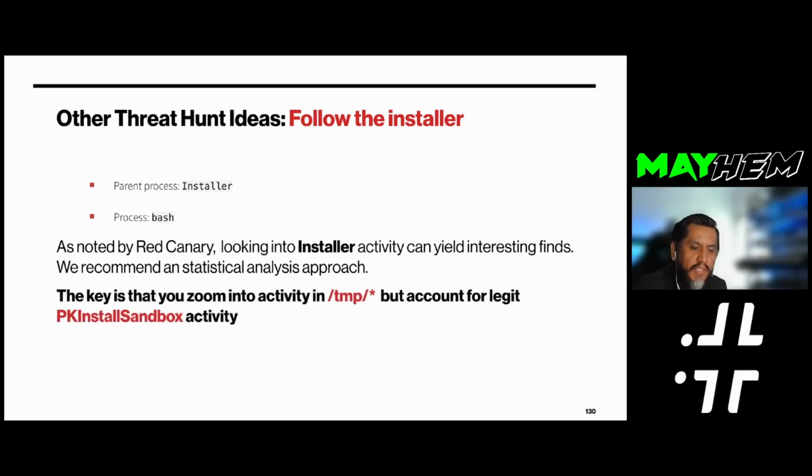If you do this, zoom into activity within the temp directory. That was a key TTP for Silver Sparrow and for a lot of malware. But also keep yourself aware of something related to the PKInstallSandbox. This is related to the fact that there's a sandbox to make sure that the software is legit and so forth, so there's going to be a lot of installer activity connected to the PKInstallSandbox.